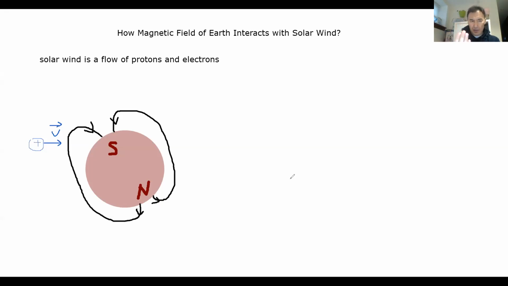at that instant, right? Again, you have to understand the field is quite big, so as the particle approaches, it will experience stronger and stronger force. In this case, the force is pushing the particle towards me, out of the page. Now, as the particle moves along the field, the force will change its orientation, so it will start turning.